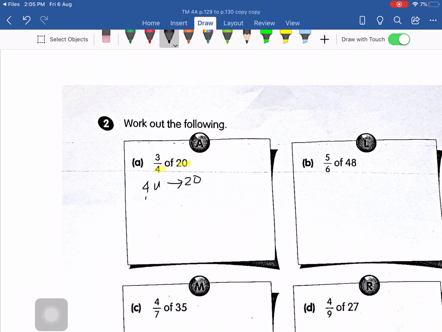And to find how much each group represents, which is 1 unit, split 20 into 4 equal groups. Each group represents 5. So to find 3/4 of 20, it means that we are finding 3 units, which is 3 groups. So 3 groups of 5 is 15. So the answer is 15.